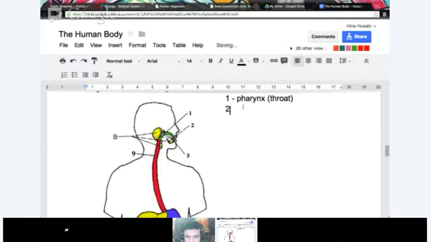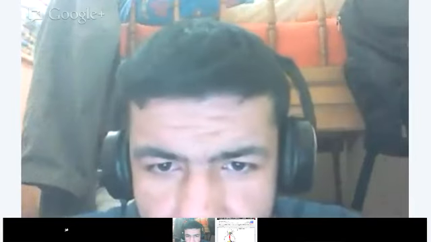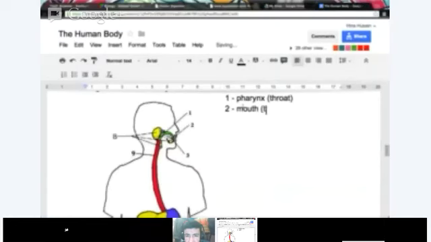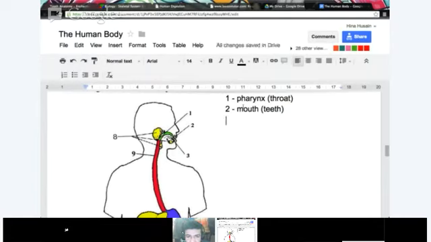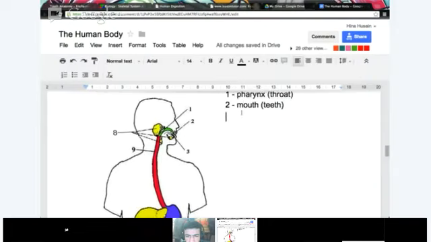For example, number 2. Who can tell me what number 2 is? Number 2 is mouth. Perfect. Mouth or teeth. Okay. So just like that, we're going to go through and label all of these. I'll call upon each different person for some of them, and then we will label them.